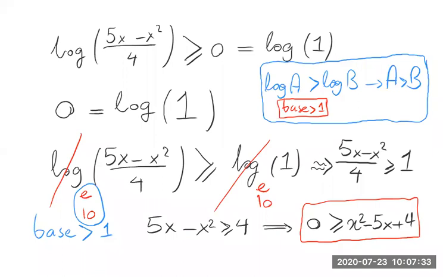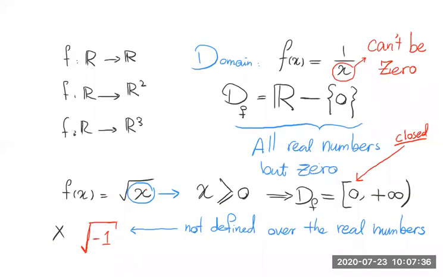So what we want here is for this polynomial to be non-positive. So x squared minus 5x plus 4 should be less or equal than 0. We would follow the same technique.